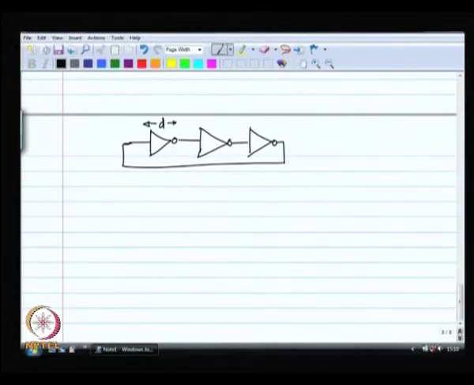If each inverter has a delay of d, then this particular circuit is going to oscillate somehow, it is going to oscillate at a frequency of 1 by 6 d. Right. So, this is a second line of thought.